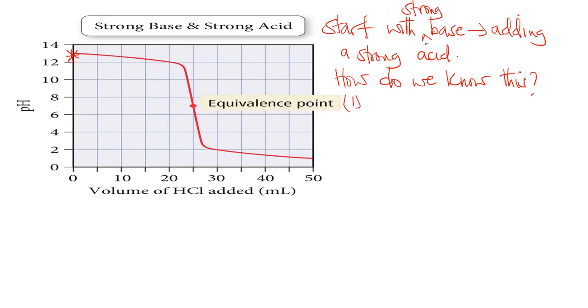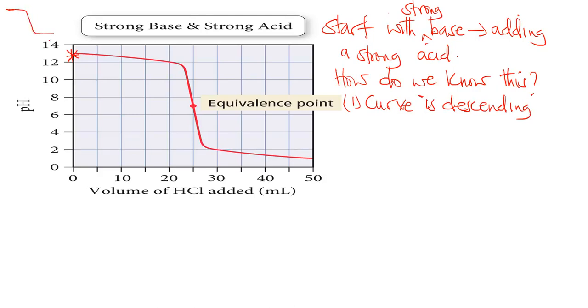The pH starts at higher pH and then the curve is descending. We can see that the curve is moving from up there and then descending.